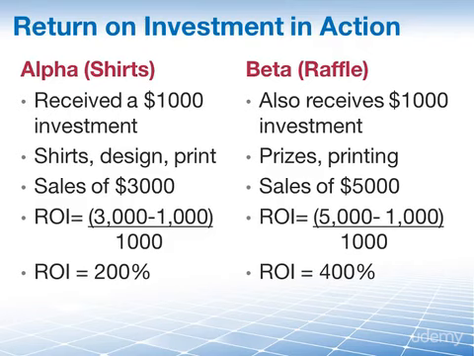So when comparing the two projects purely on the basis of return on investment, Project Alpha, the t-shirt project, earned $2 from every dollar that were invested, whereas Project Beta, the raffle project, here the PTA earned almost twice that, $4 from every dollar that was invested. So in other words, all else being equal, next year the PTA should choose to do a raffle.